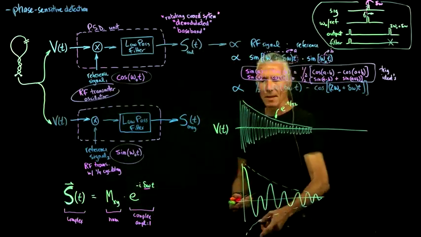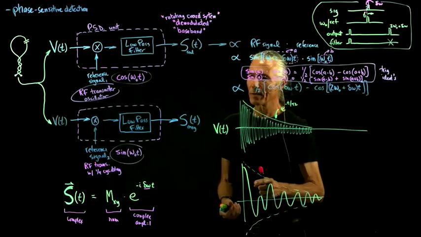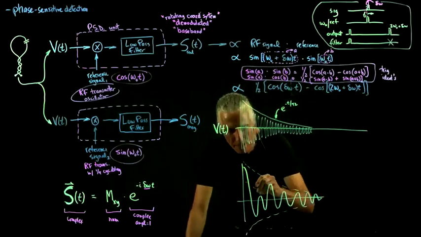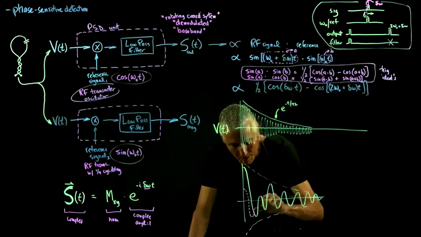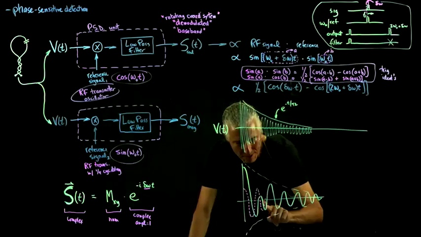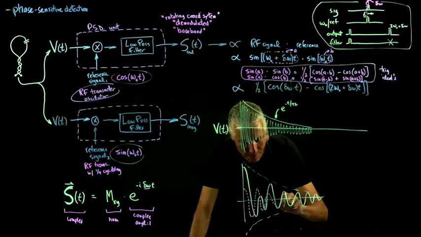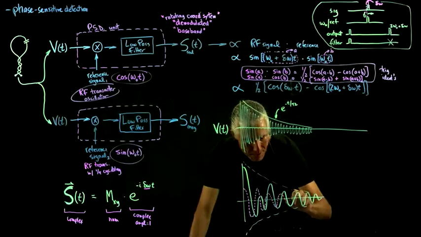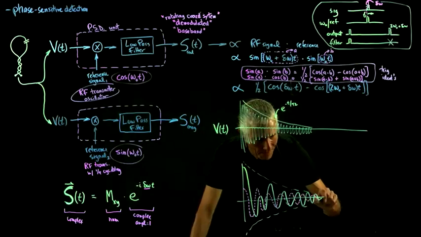So say this one is our real signal. You're going to get another signal coming out of there, which will be sort of offset in phase. I'm not doing a good job of getting the phase, but it doesn't matter.